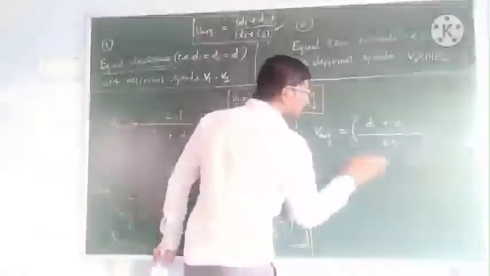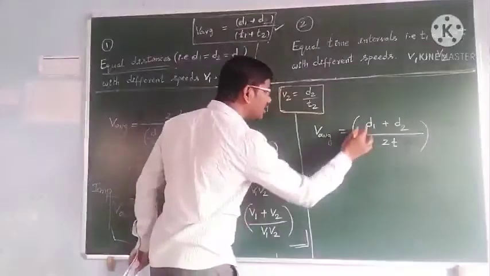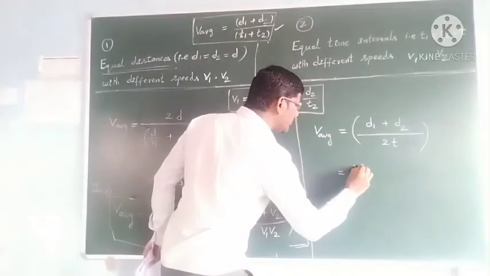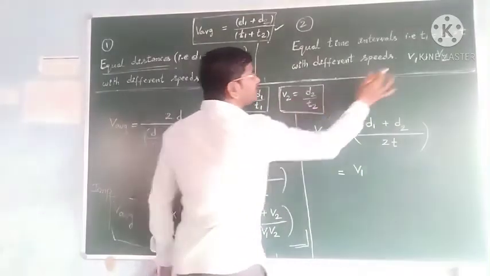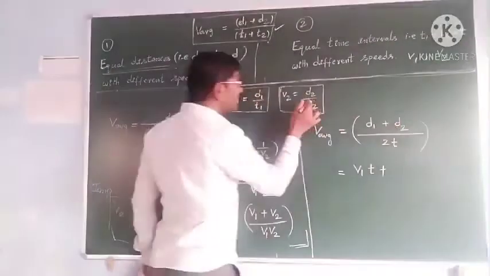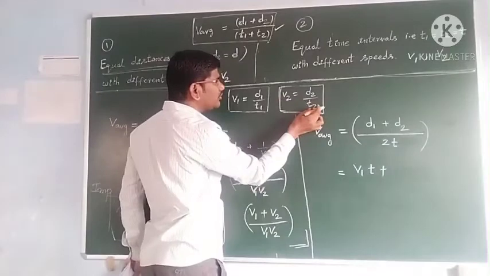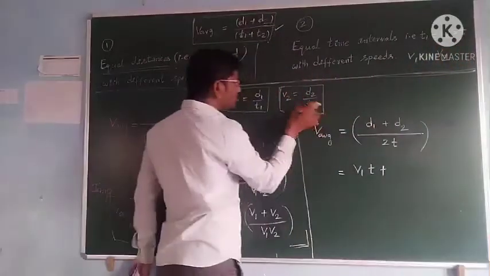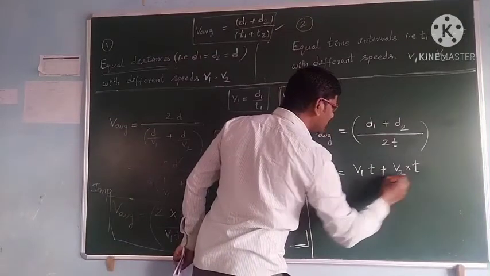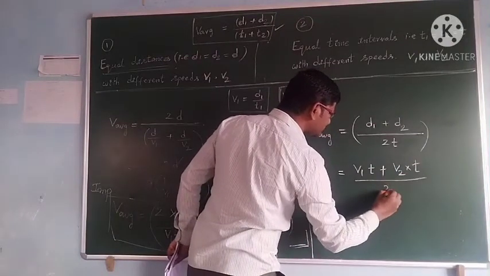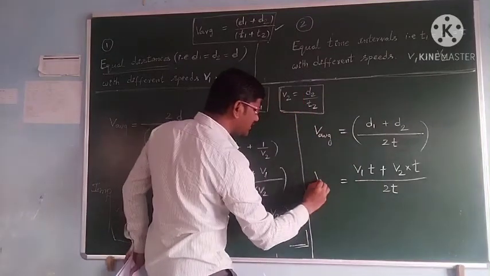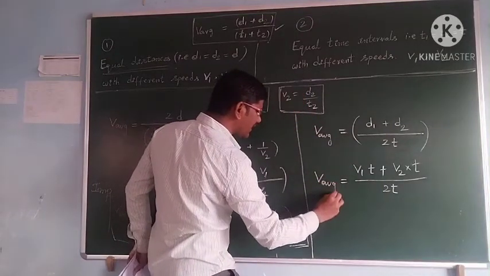See students, d1 means v1 into t1, and t1 is t, so v1 into t. And d2 means v2 into t2, but t2 value is t, so v2 into t, divided by 2t. So that is equal to v average.